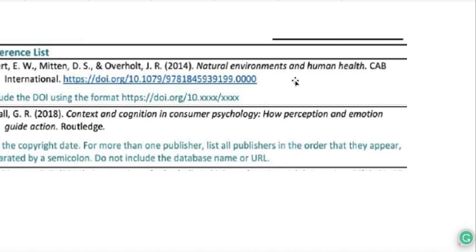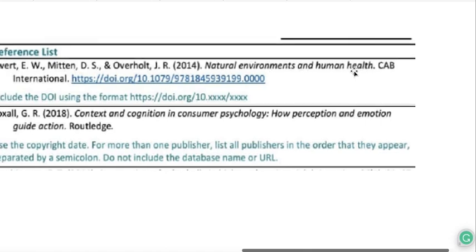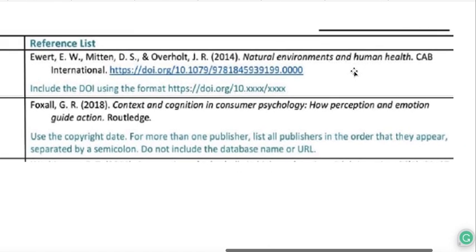Capital case is not to be used. Yes, the important thing is that we should use a capital letter for the first word of the title of a book, but later on no capital letter is used. It is followed by a dot, and after that the press from where the book has been published, and then the DOI is here.